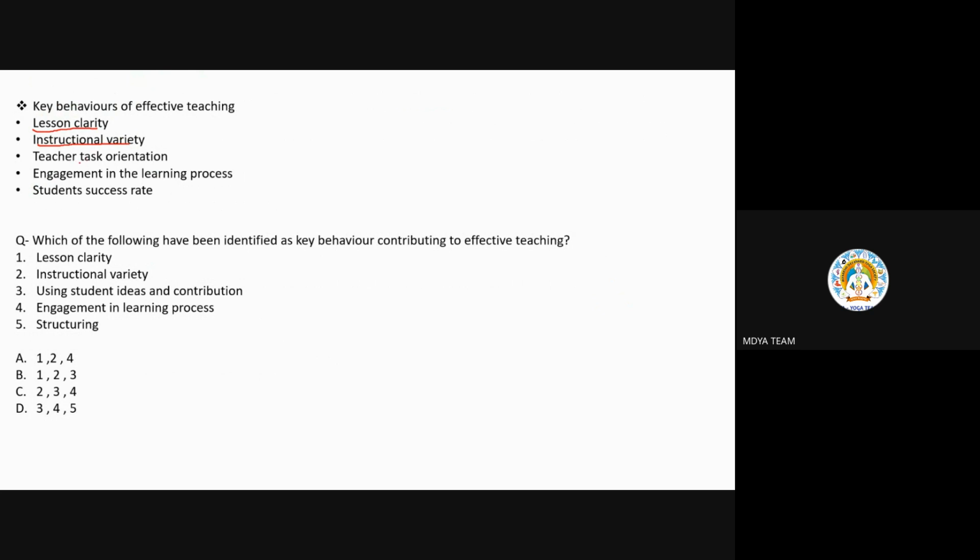Teacher task orientation, engagement in the learning process, and the student success rate. Because if the students are getting success, it means that they are learning. And I have told you one line, that there is no teaching without learning. If a learner is not able to understand, not able to learn, and the teacher is teaching, that teaching is not considered as teaching. Clear? Now the question is, which of the following have been identified as a key behavior contributing to effective teaching?